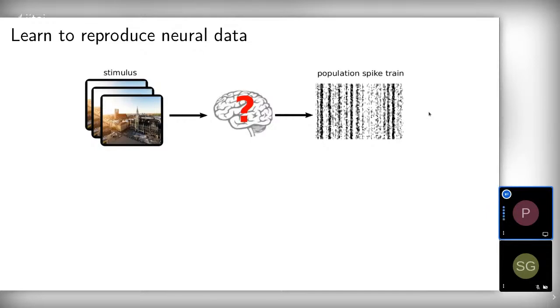To understand how the brain processes all of this information, we need to know how these neurons behave. So essentially, we want to know how the brain converts all of this input, this stimuli, into spikes. How do these spikes encode the information that is contained in whatever input that you get?